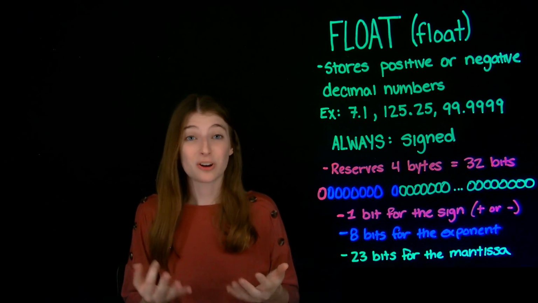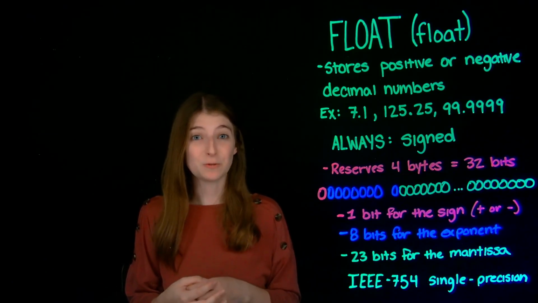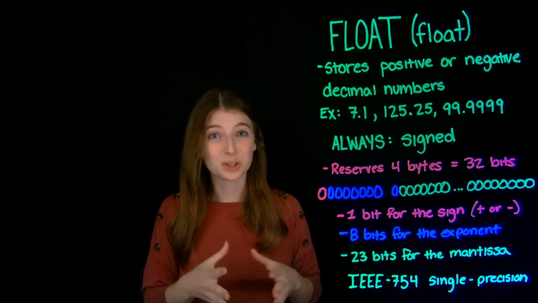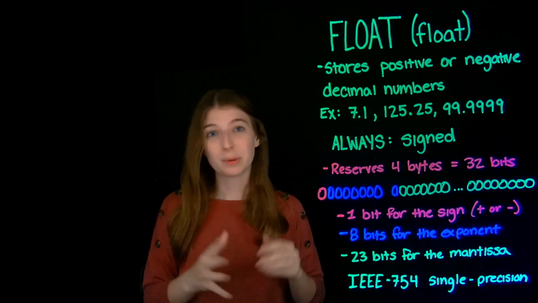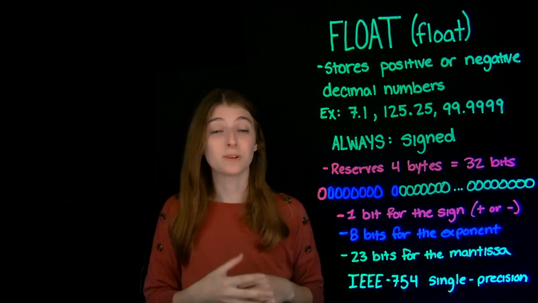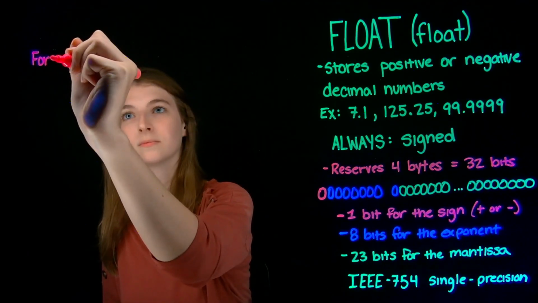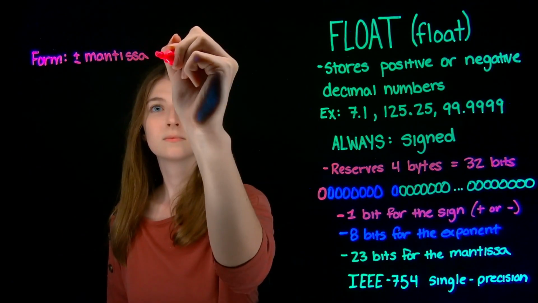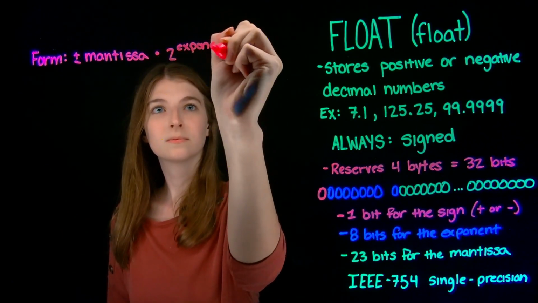This format is called IEEE 754 single precision. Now, this is a little too complicated to explain in this video, but it works very similarly to scientific notation. It stores your number in the form positive or negative mantissa, or a base number, times 2 to the exponent.